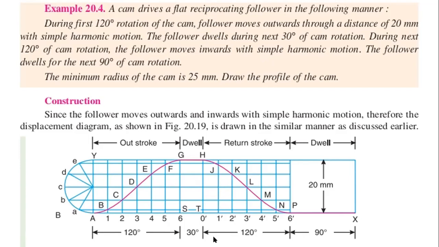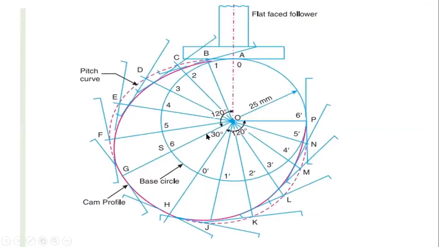Then take the dwell period as a straight line. After getting these points from the displacement diagram, draw a freehand curve. So this is the freehand curve drawn.